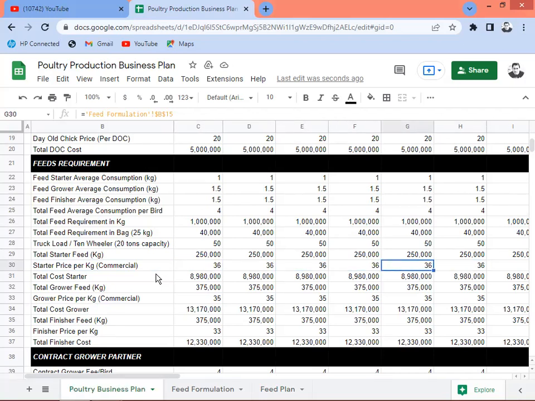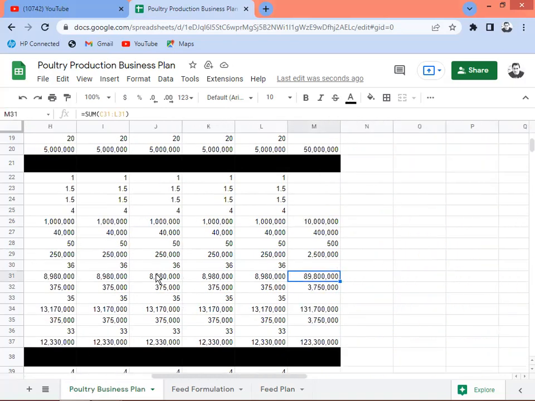We're purchasing our feeds from the market. The total cost per starter for every house is 8,980,000, and the total would be 89,800,000.